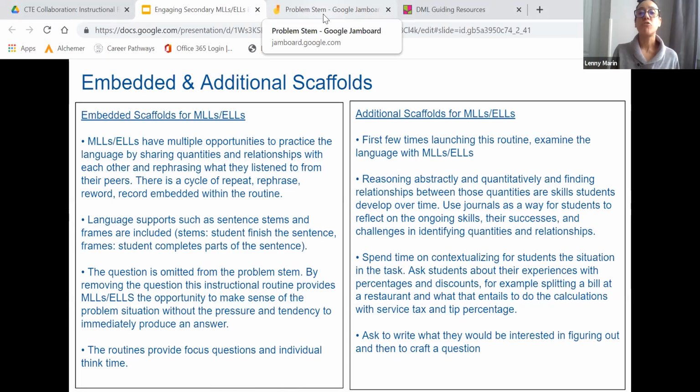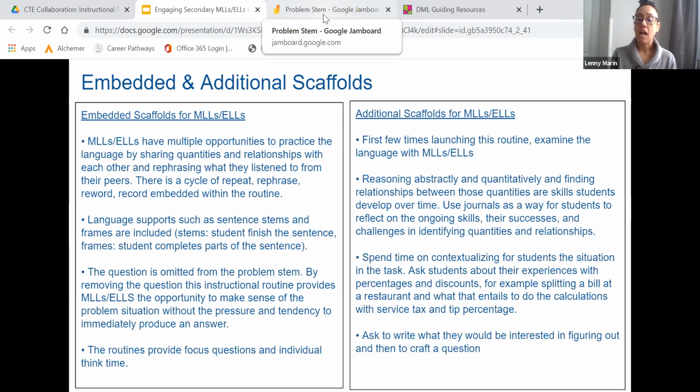And there were sentence frames where students complete certain parts of it. Another very important scaffold from this routine is that the question is omitted from the problem. That way students don't have this pressure of, I need to get the right answer, but it's really just thinking about the text at hand. In addition to that, the routine provides focus questions and individual think time.